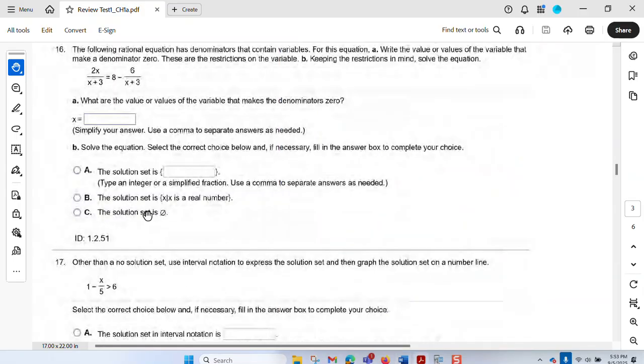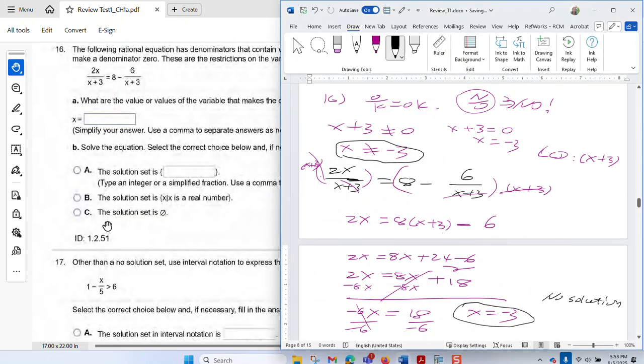Okay, so now you can tell this one has an empty set. The solution set is an empty set. Because we just went through this whole thing and found out the x value should be equal to negative 3, but negative 3 actually also makes the denominator 0.